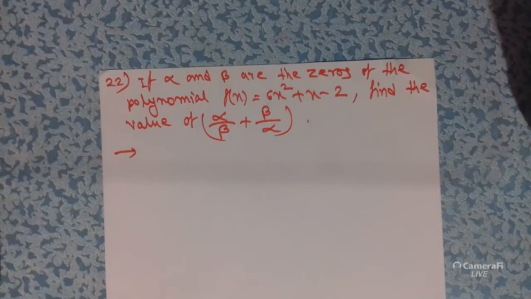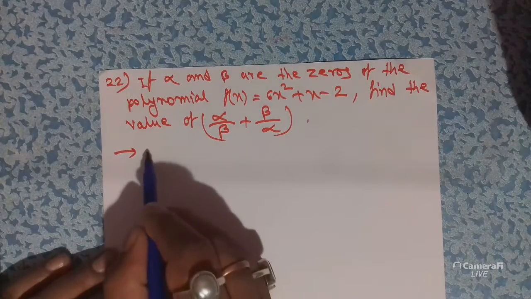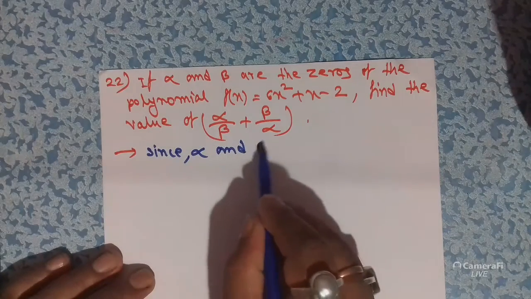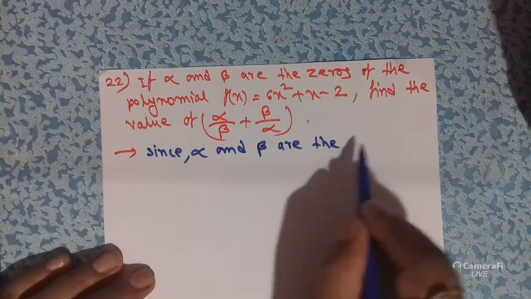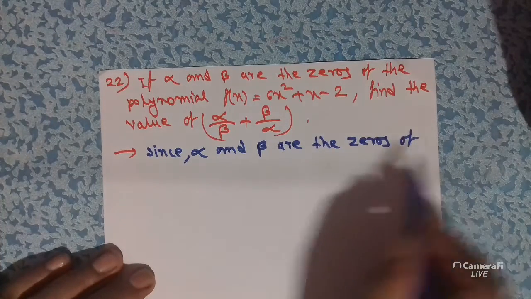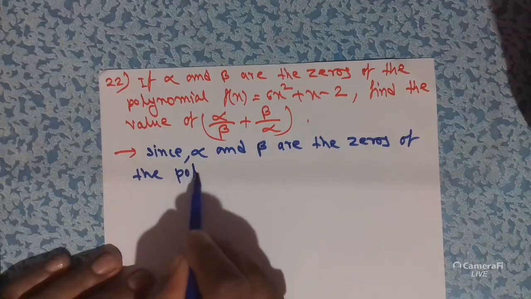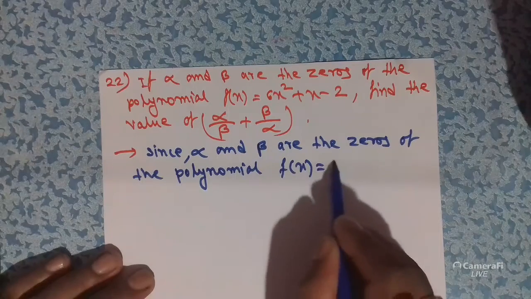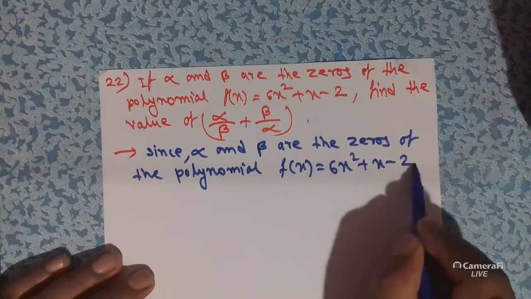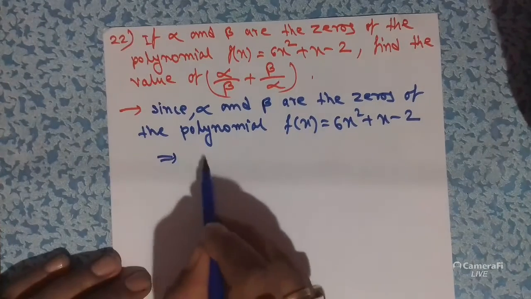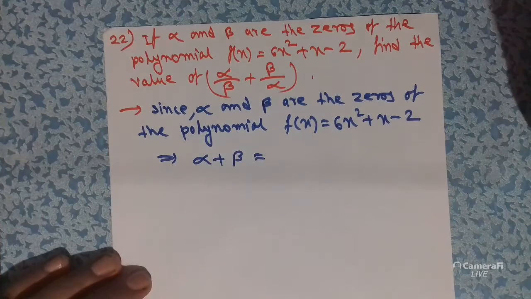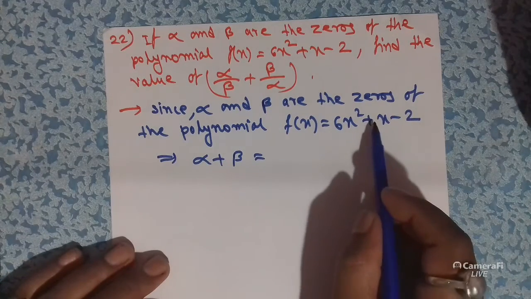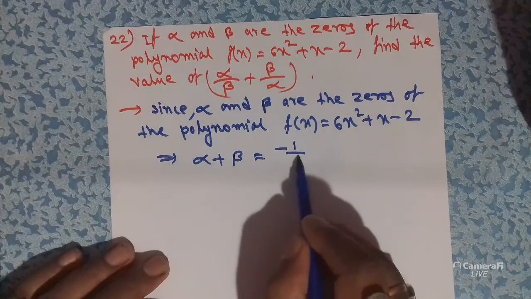Okay students, so here we have to write first, since alpha and beta are the zeros of the polynomial f of x is equal to 6x square plus x minus 2, this implies alpha plus beta is equal to, as I discussed, the sum of the zeros, which is minus b by a, so it will be minus 1 by 6.